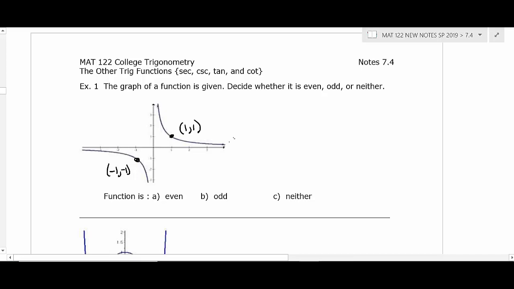Now, what you would find is every point on this graph works this way. I'm just going to approximate that maybe that's the point 3 and maybe it's 1/3. I'm just estimating. Well, notice this point here is the point negative 3, negative 1/3. So that's what an odd function does. And again, that's symmetric about the origin. So that's what you want to know how to do.